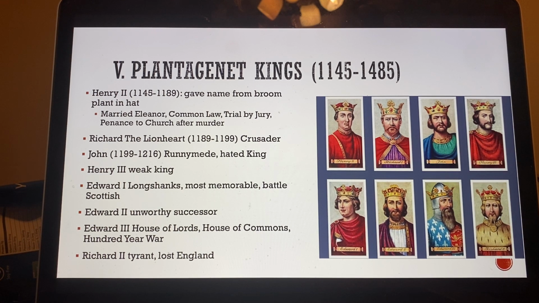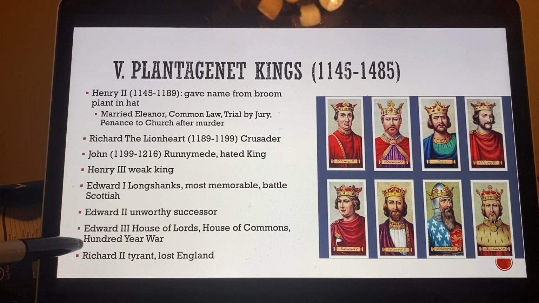We'll figure that out. And then Edward II was an unworthy successor to Longshanks. And then Edward III, he developed the House of Lords and the House of Commons in the Parliament. Edward III was also the one that was involved in the 100-Year War, at least started the 100-Year War.